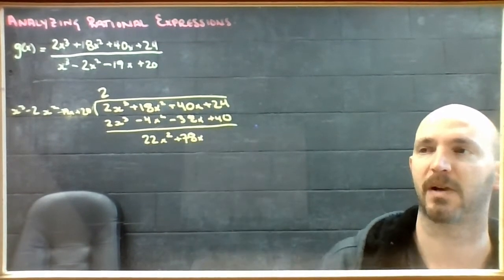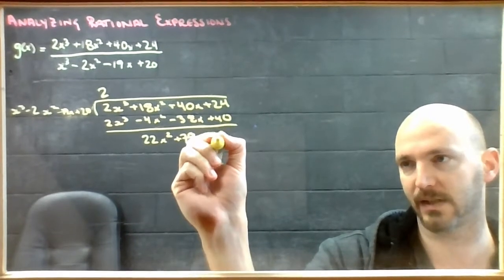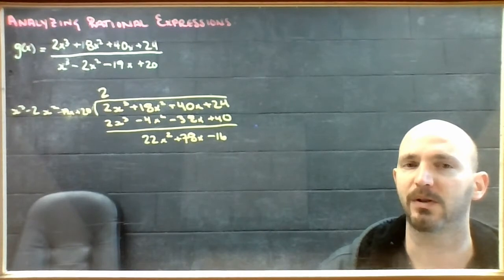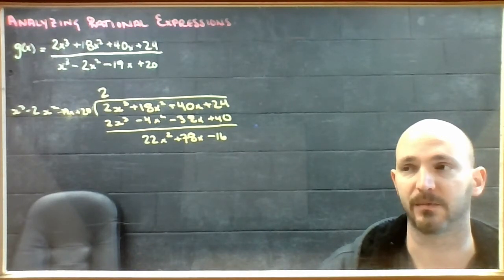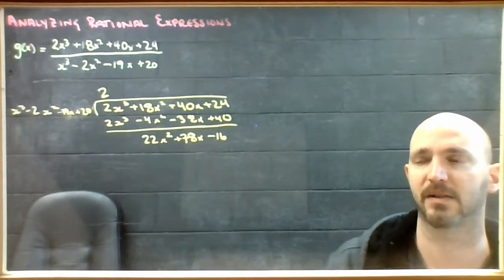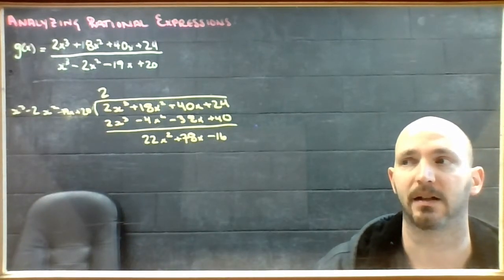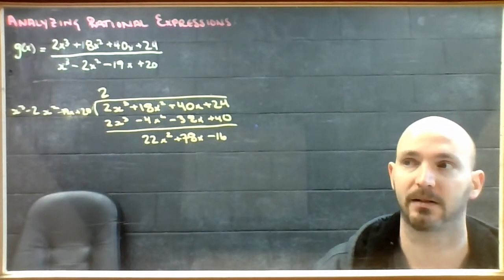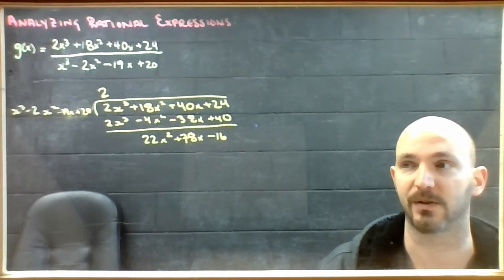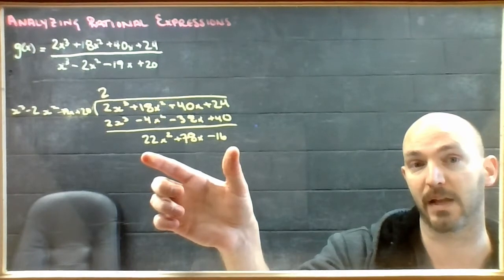And 24 minus 40 is negative 16. Now I go to continue this algorithm, but now I need to try and turn an x cubed into an x squared. And I can't do that. So I'm done actually after only one iteration of this, and this is the remainder.